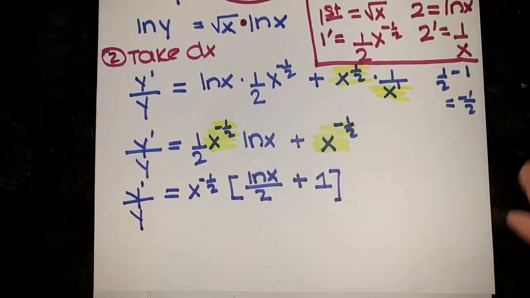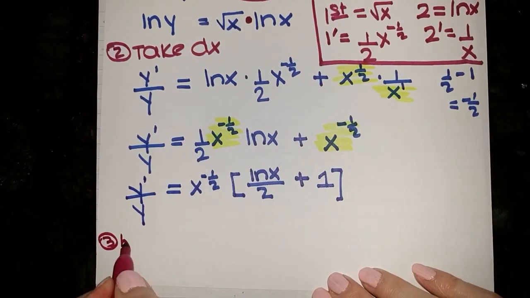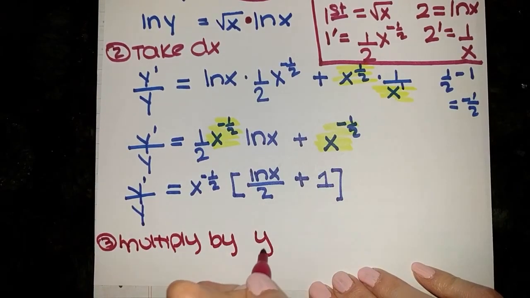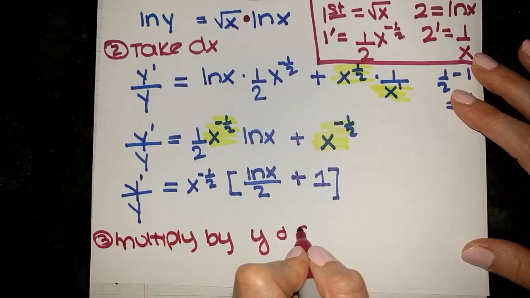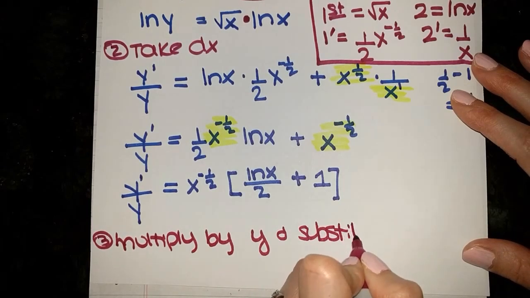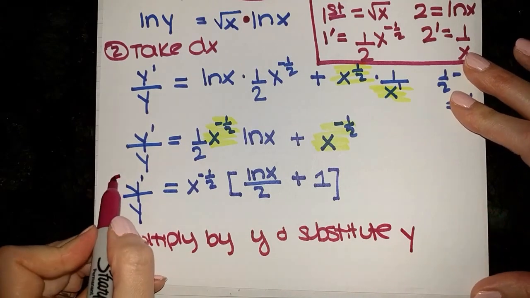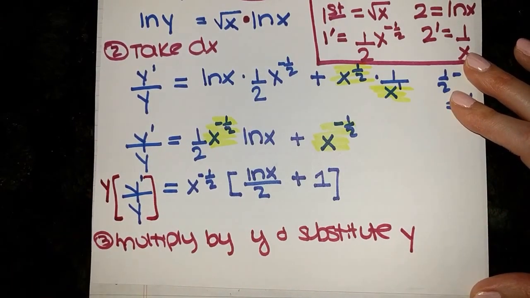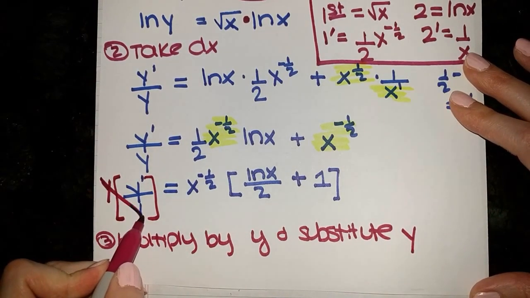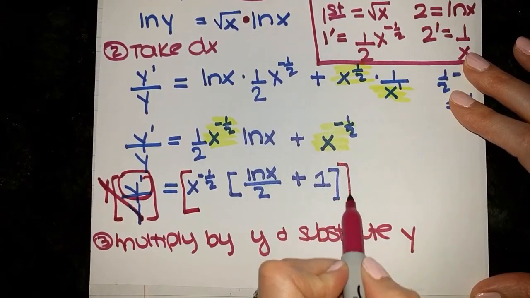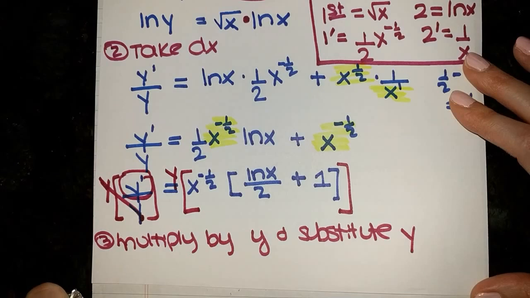So the third step is that what we do is we multiply by y to get y prime by itself and substitute the definition that we had of y. So what I would do is I would take this whole equation on the left-hand side and multiply by y. That would cross out these y's, so I'm just left with y prime. And then on the right-hand side, I would multiply by y.